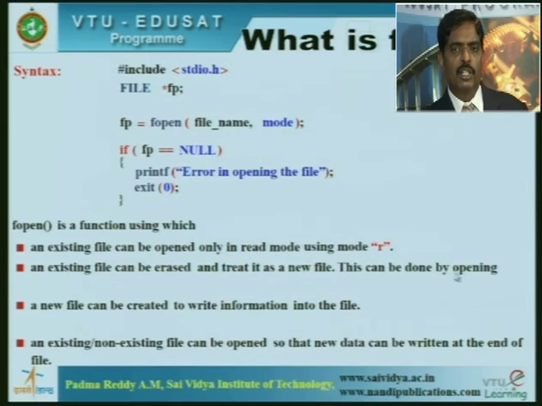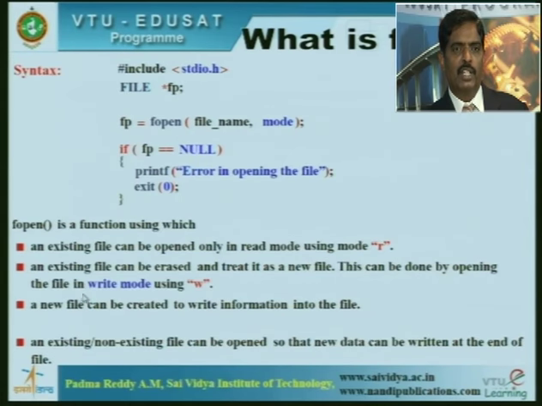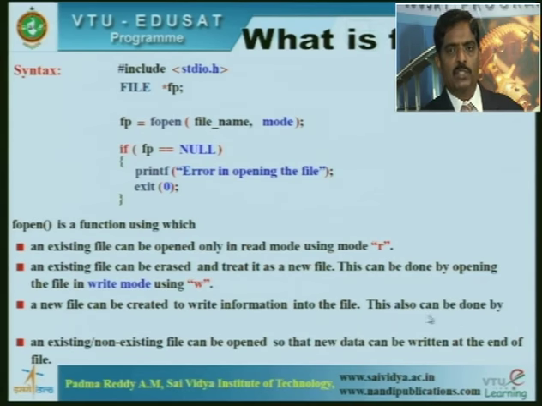This can be done by opening the file in write mode, that is, you write W within the double quotes. In place of this mode, you can write R if you want to open the file in read mode. You can write W if you want to create a new file, or if a new file is to be created to write information into the file. This also can be done by opening the file in write mode using W.